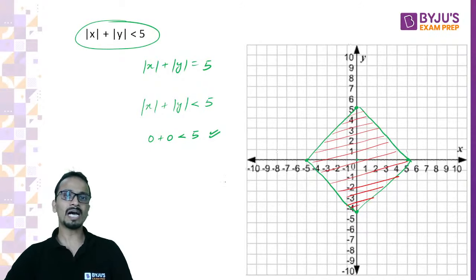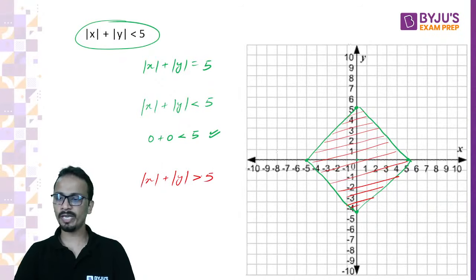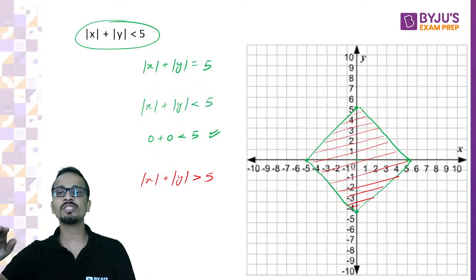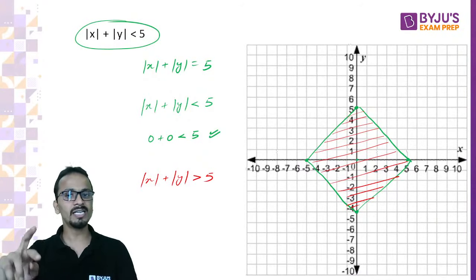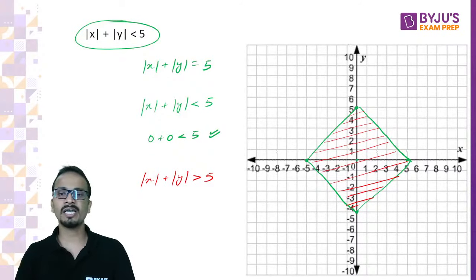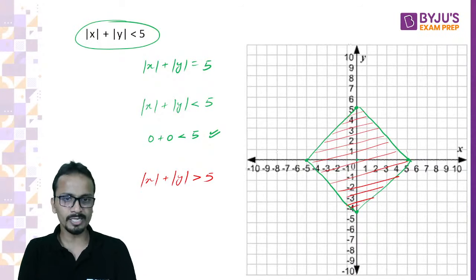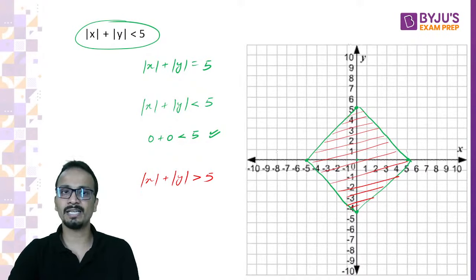Now if the graph were mod x plus mod y greater than 5, which region would I have considered? I would have considered the region which is outside this bounded region. Other than what I have shaded, we will consider everything which is outside this shaded region. All right. So this is the general graph for modulus x plus modulus y is less than 5.